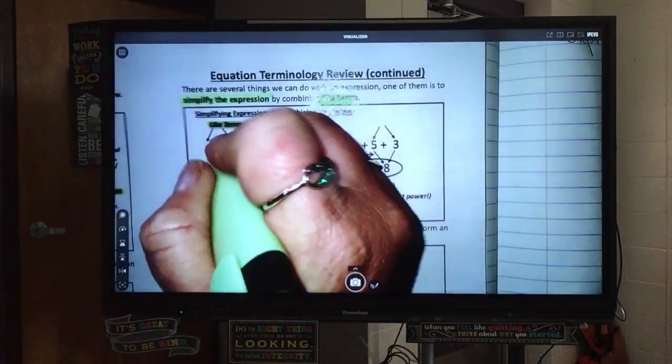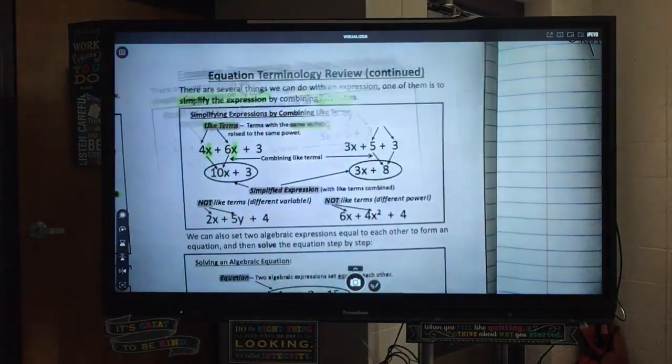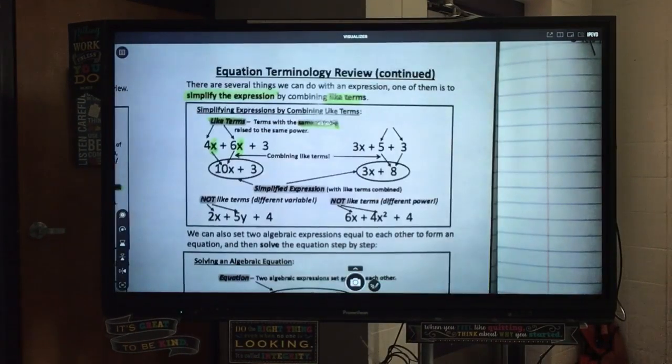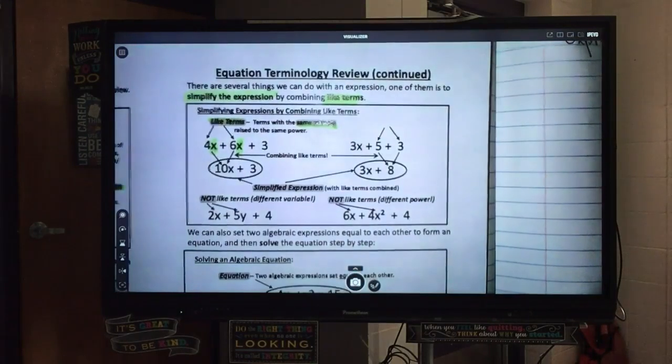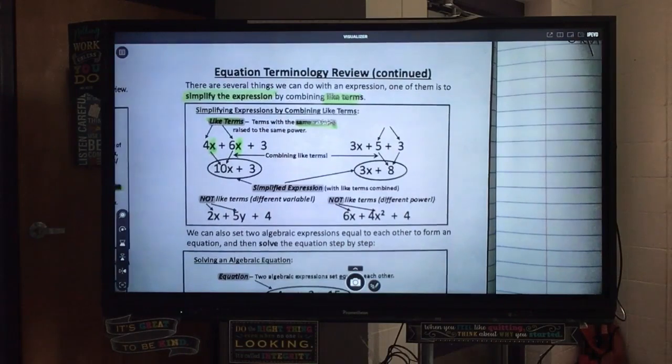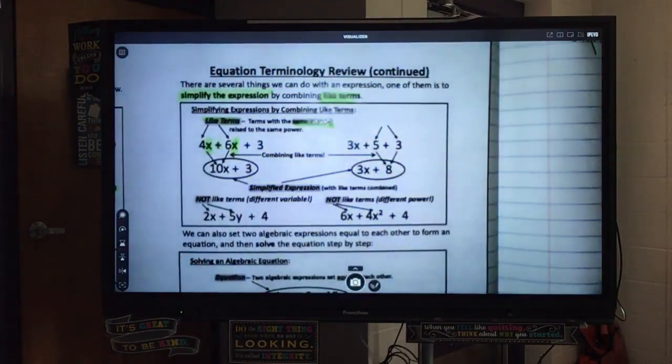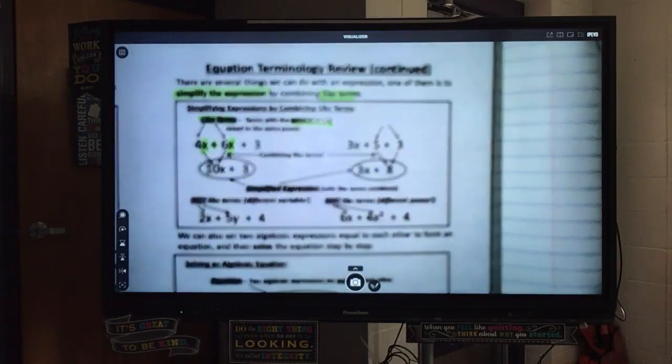So the x's here are the same, so we are going to add or subtract them. Why are we adding them in this instance? There's a sign that separates them. Yes. So this operation right here tells us how to combine, whether we're adding or subtracting them.